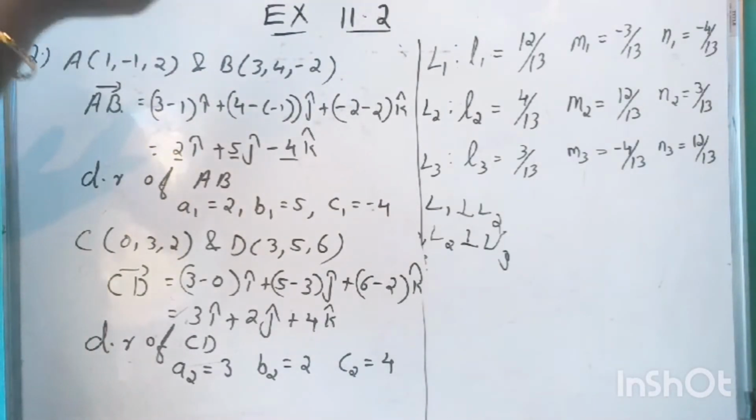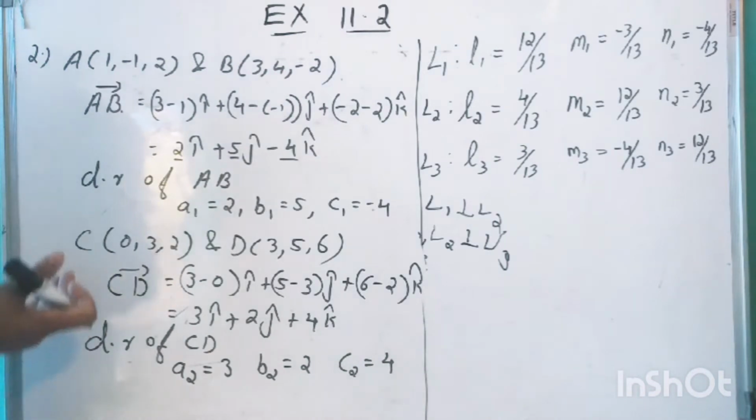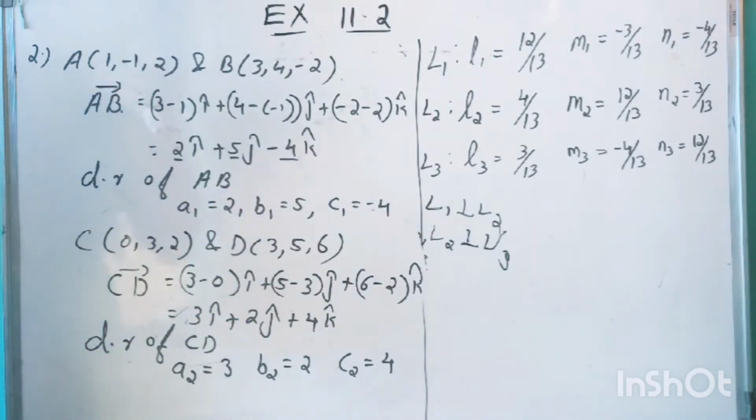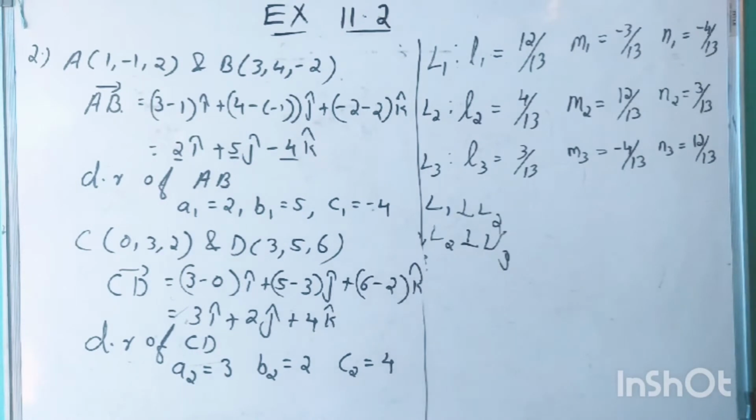For the second one, it is the x coordinate of D minus the x coordinate of C, which gives A2. So we got A1, B1, C1 and A2, B2, C2.